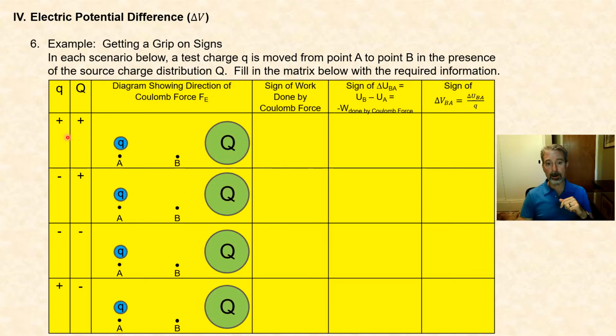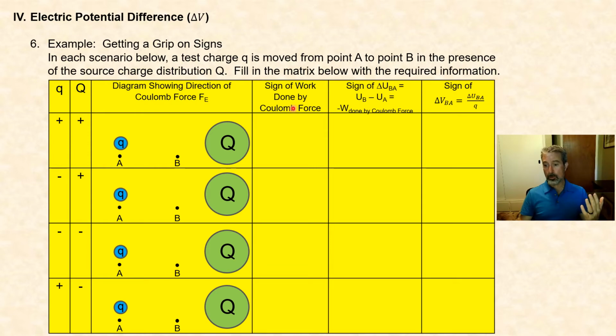And what we're going to do is move the field charge, little q, from point A to point B in all cases. And in doing so, depending on the sign of the field charge, little q, or the source charge, big Q, we're going to calculate the sign of the work that is done by the Coulomb force.